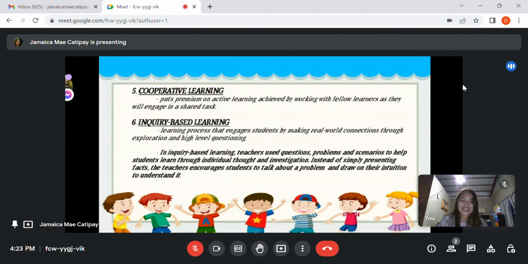Instead of simply presenting facts, the teacher encourages students to talk about the problem and draw on their intuition to understand it. It is based on higher-order thinking skills, focusing on asking deeper questions, and also on letting students ask their own questions.